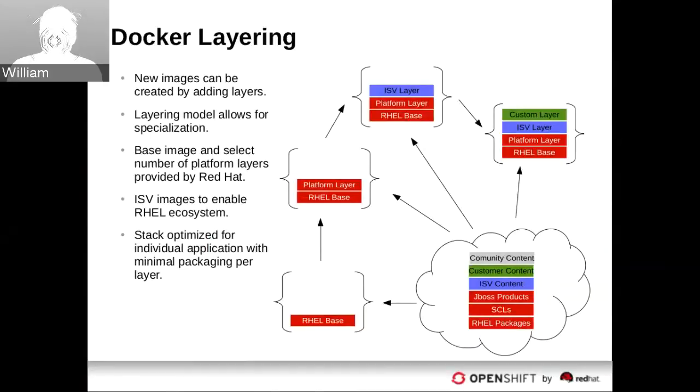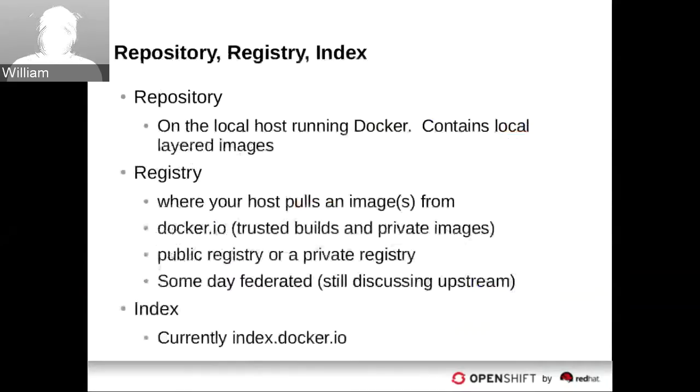Maybe it's an application on top of a database, or an application on top of JBoss, etc. Then they may have a custom layer of content, etc. So all these layers come in, and eventually you have your running container, which has all of these different products and components layered on top of it.